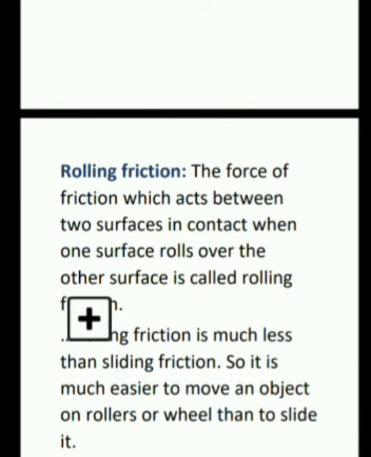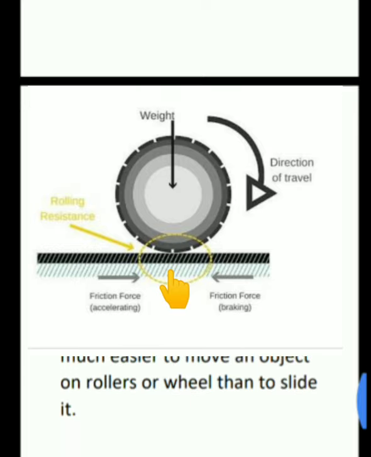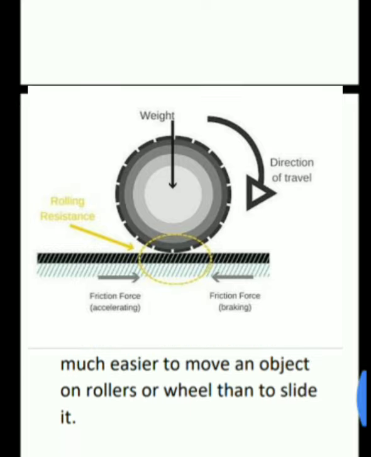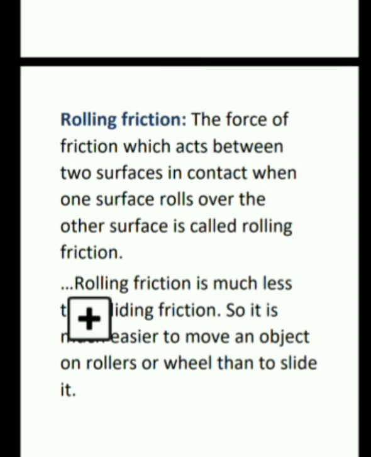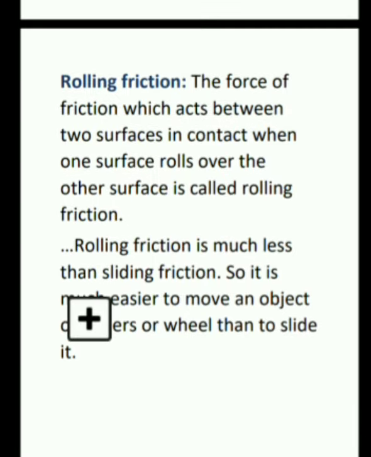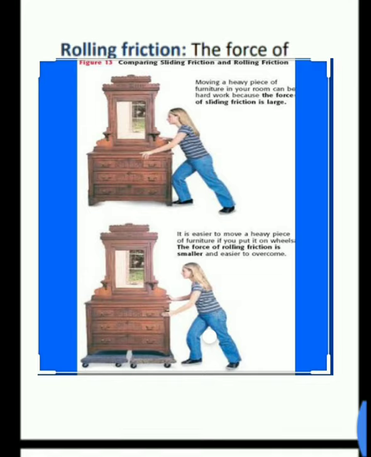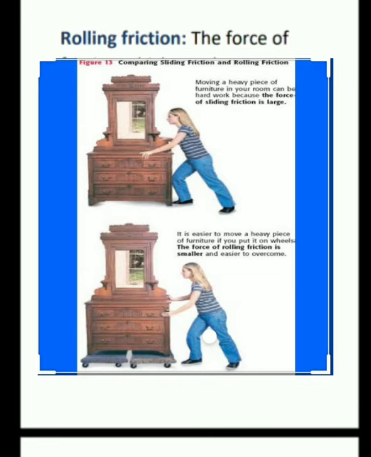Rolling friction is much less than sliding friction. So it is much easier to move an object on rollers or wheels than to slide it.